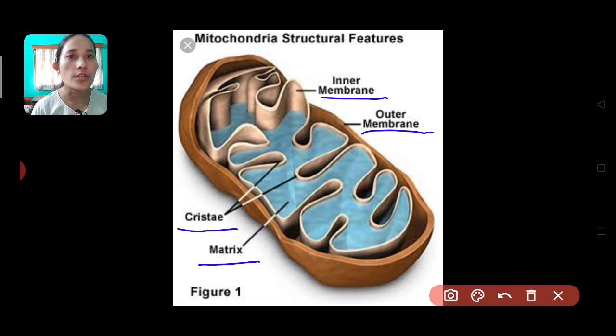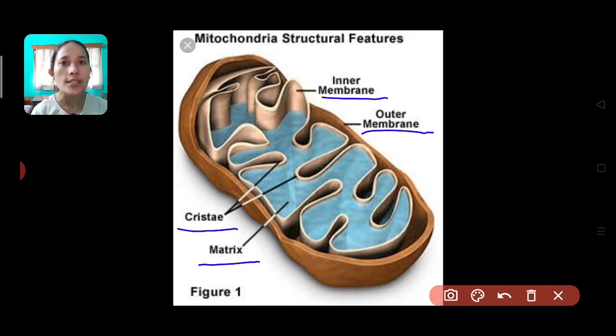So this is the basic structure of a mitochondria. Double membrane means two membranes, outer and inner, are present. The inner one is folded into finger-like projections. This is referred to as cristae, and it is filled with a fluid that's referred to as the matrix. Now like I told you, mitochondria is called the powerhouse of the cell because respiration is carried out in this cell organelle, and we know what respiration is, right?